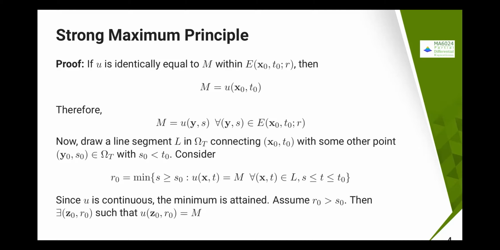Now what I'm going to take is a new value, r naught. R naught is nothing but the minimum of s greater than or equal to s naught such that u of x comma t equals m for all x comma t in L and s is less than or equal to t, s less than or equal to t naught.